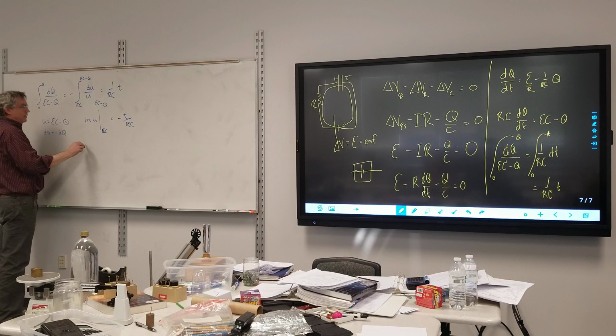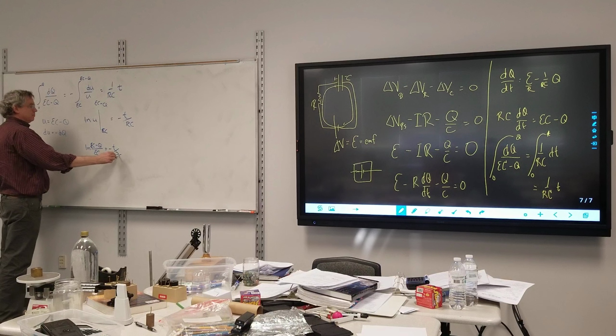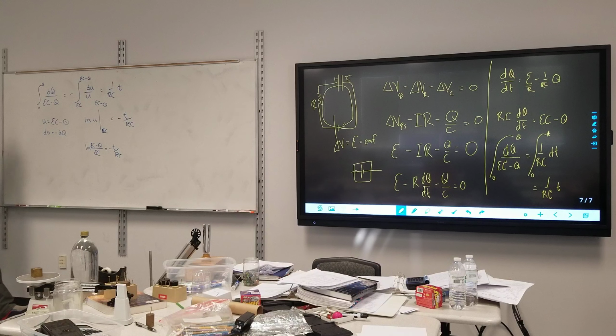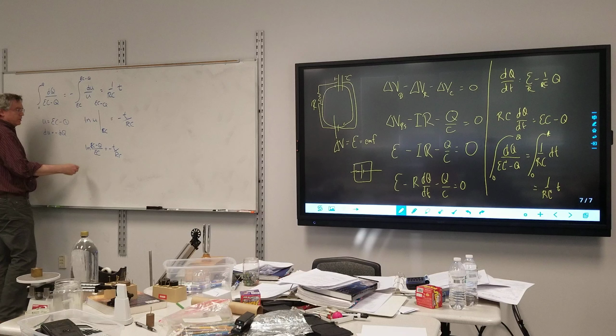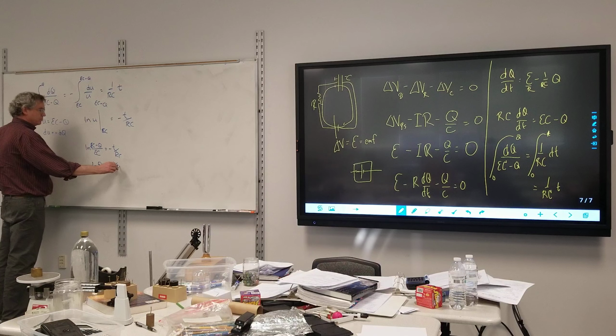Plugging stuff in, I get the natural log of epsilon C minus q over epsilon C equals negative t over RC. Let's get rid of that pesky natural log. So I have 1 minus q over epsilon C is equal to e to the negative t over RC.